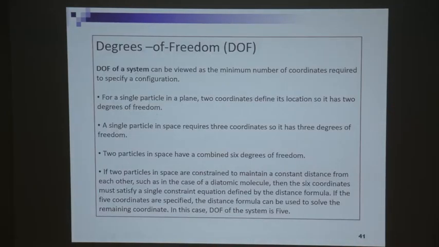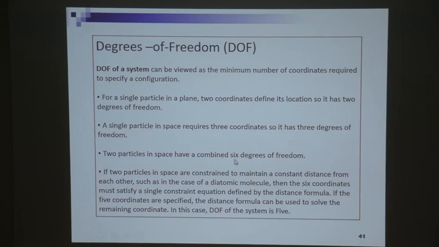So this is 1 degree of freedom. A degree of freedom is something that you will come across a lot in the class. You can see the degree of freedom as the minimum number of coordinates required to specify a configuration. For a single particle in a plane, two coordinates will define its location, so you have 2 degrees of freedom. A single particle in space requires 3 coordinates, so it has 3 degrees of freedom.